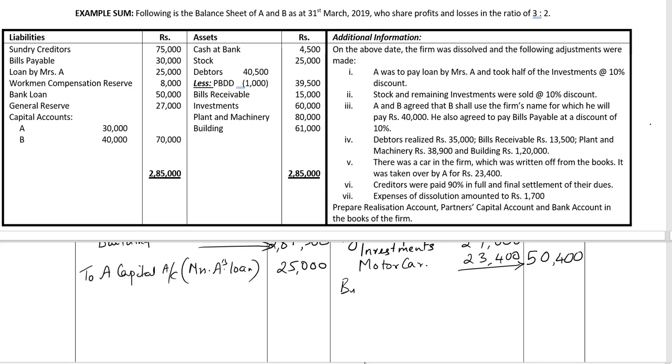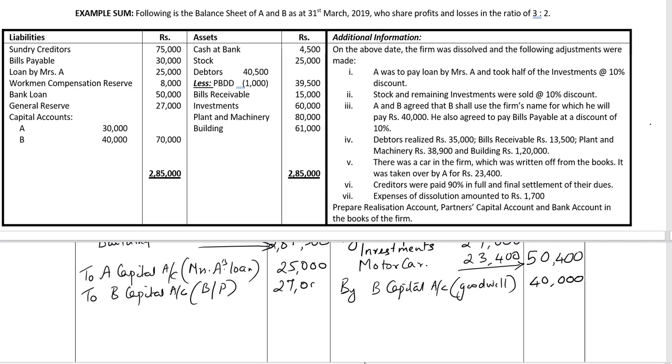So by B's capital account, use of firm's name, it's goodwill of firm for ₹40,000, and B also takes over a liability of bills payable to B capital account, bills payable at 10% discount. So the book value of bills payable is 30,000. After 10% discount, it comes to 27,000 rupees.